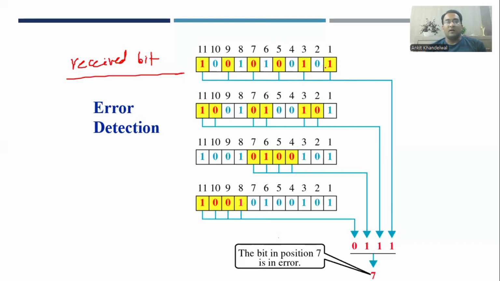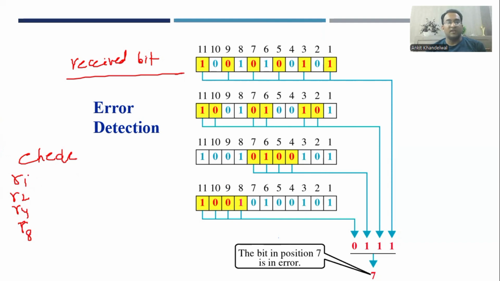So again, we are going to now check. First of all, we are going to check all the values. What we have to check is the values of R1, R2, R4, and R8.